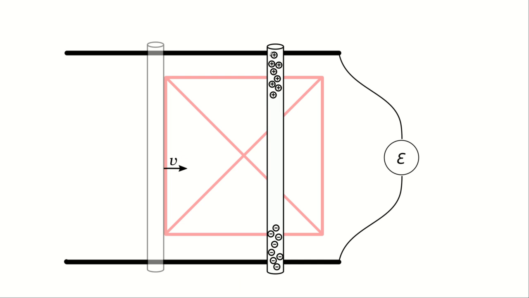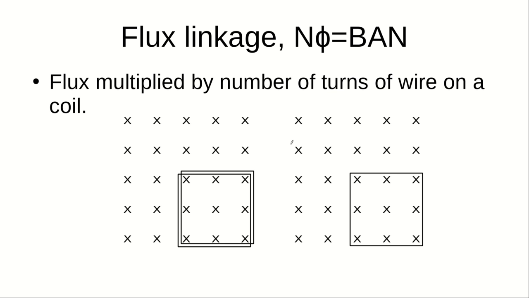So that's not the whole story, because if I go back to this slide, the induced EMF was caused by only a single wire. If we have multiple wires in this loop and we looped it round, then the induced EMF will be added together, increasing the EMF, and so we have to account for that. So there's another term called flux linkage, which accounts for the fact that some conductors are looped in coils, and the flux linkage is just the flux multiplied by the number of coils, and remember the flux was the flux density times the area.